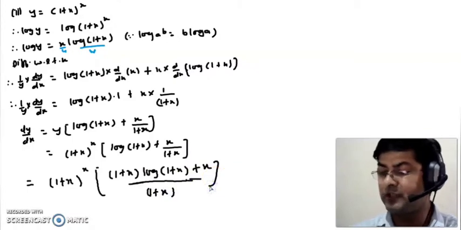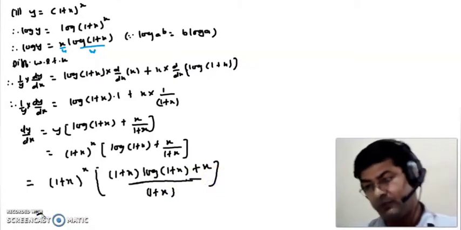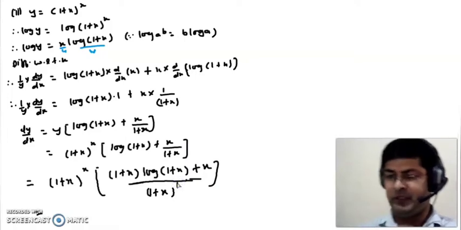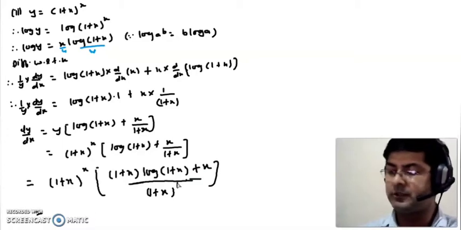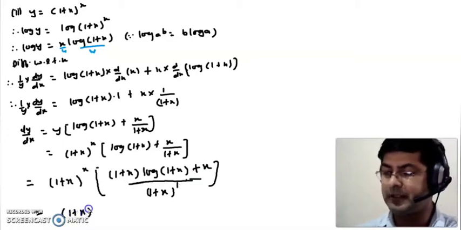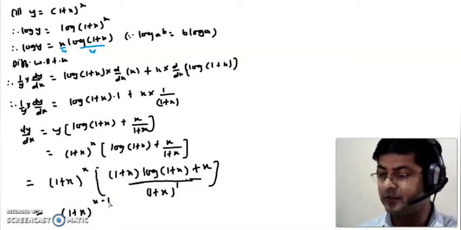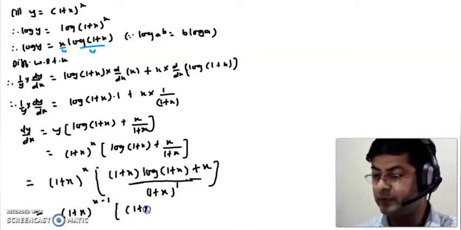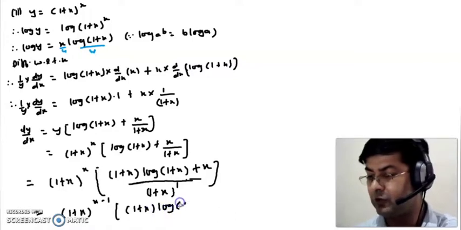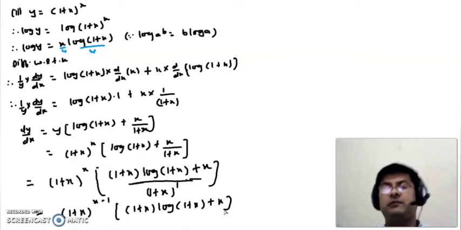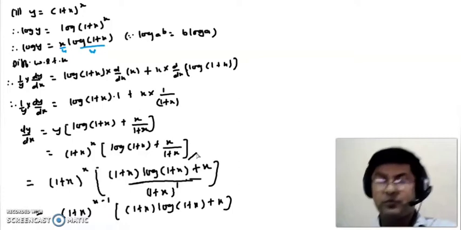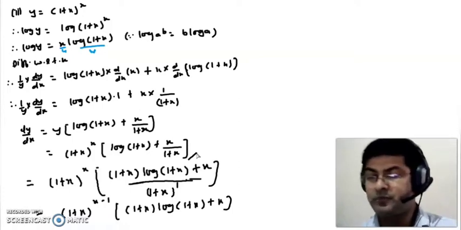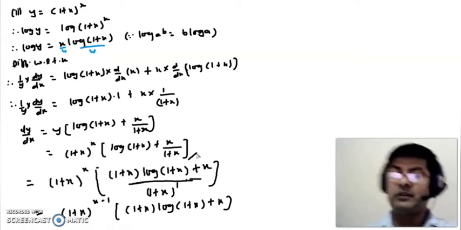Now outside we have (1 plus x) to the power x, and here the power of (1 plus x) is 1, so the base is common, you can subtract the powers. So (1 plus x) raised to x minus 1 into bracket (1 plus x) log (1 plus x) plus x. Okay, so this way you can simplify, otherwise it is not compulsory to do the last two steps. You can stop over here where I have put the mark.